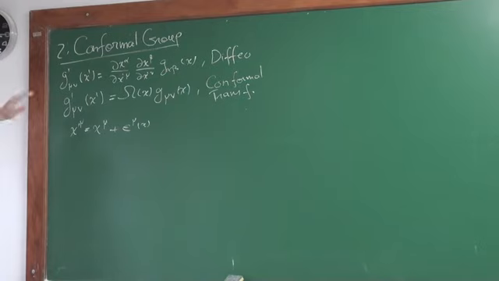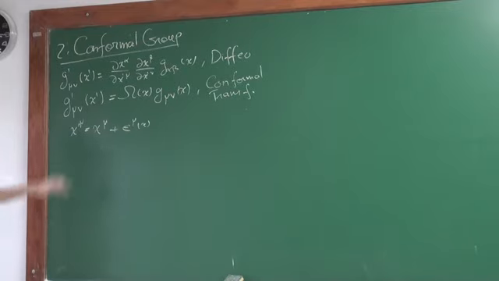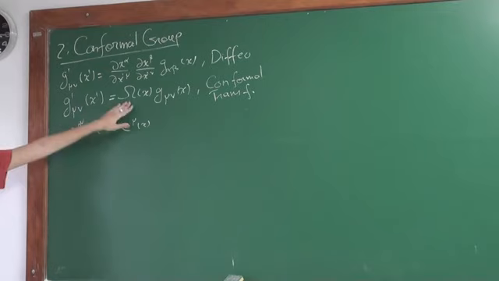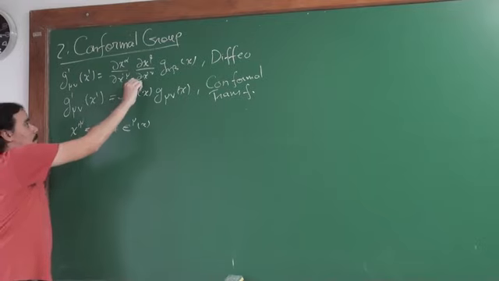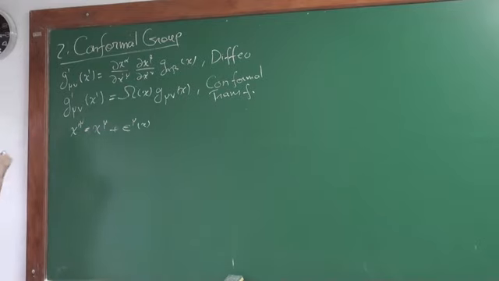You can see trivially that this indeed furnishes a group, because if you do two scaling transformations, you can just do one scaling transformation by combining the scaling factors. The other transformation is just like Poincaré transformations. You could have an inverse scaling transformation that undoes a previous conformal transformation. So we have all the group properties.